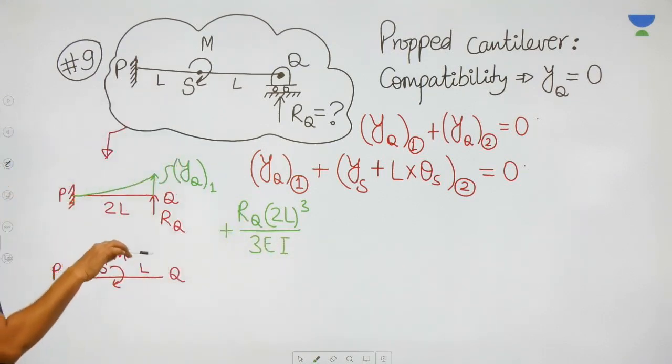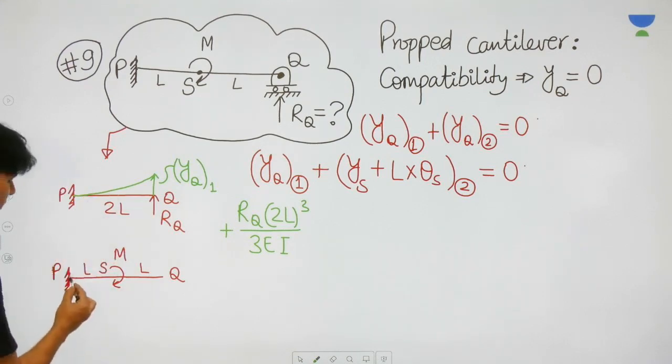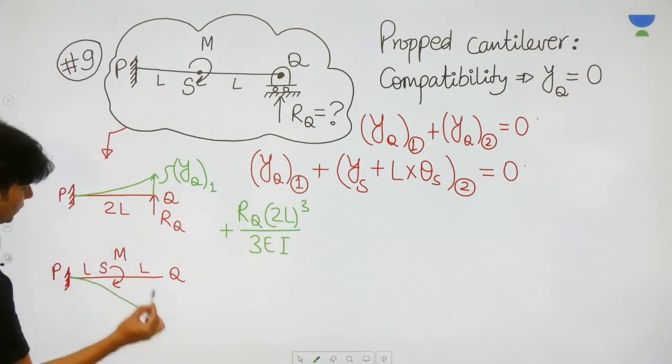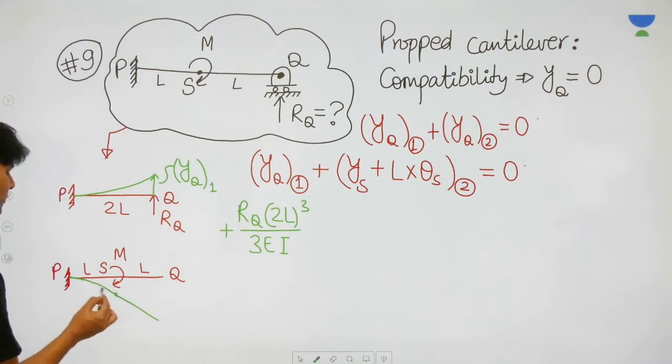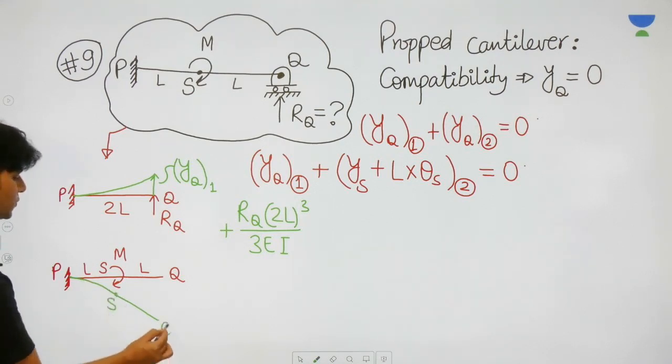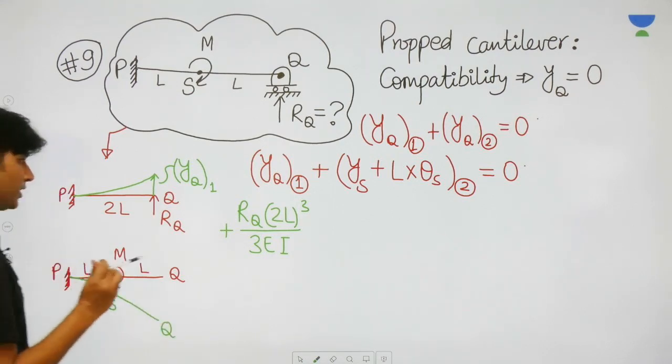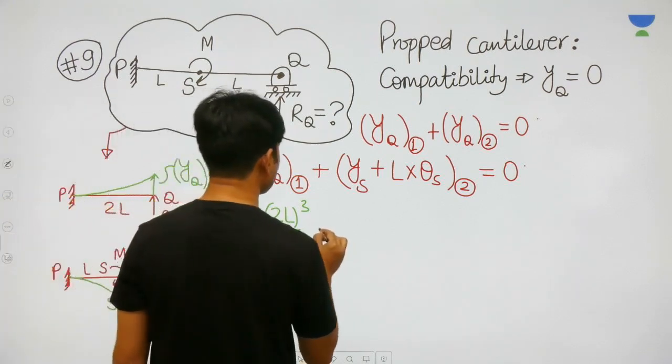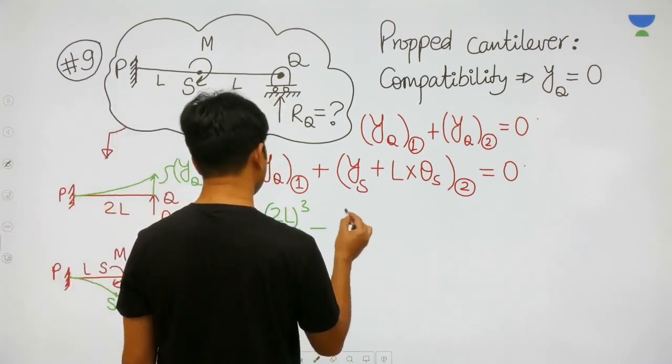For the second beam, the deflection is going to be downward, and this SQ segment will remain straight. Because the deflection is going to be downward, we use a minus sign here.